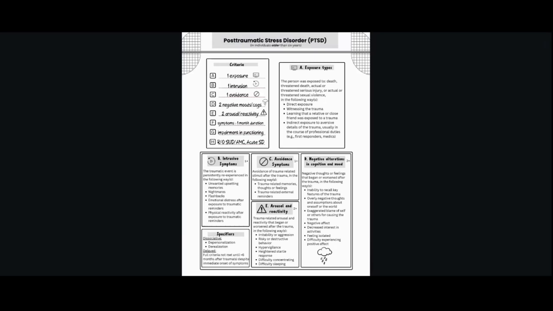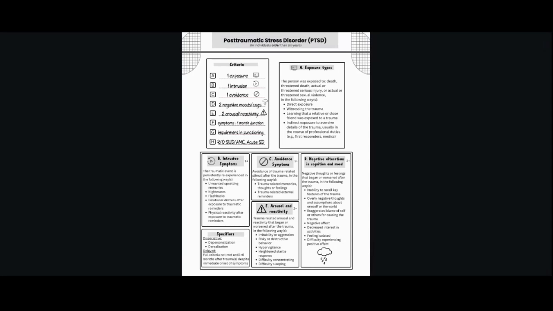As a result, this is where people can get numb, they shut down, they stop associating themselves with people, places, or things that remind them of these symptoms that we see in criterion B. And the avoidance really speaks to its own separate symptom, because it's not a matter of just having the emotional distress and physical reactivity, but changing behaviors in order to prevent or mitigate those symptoms coming up again.